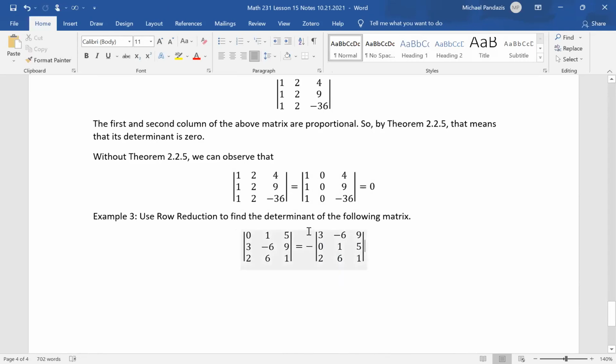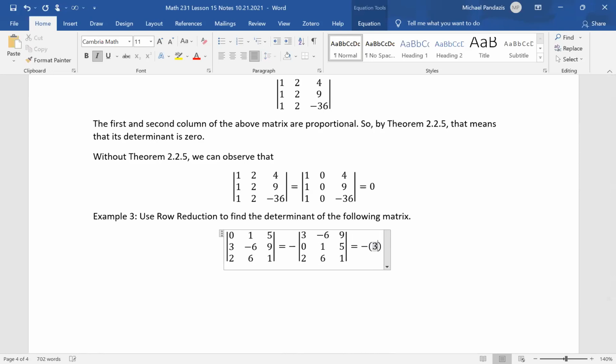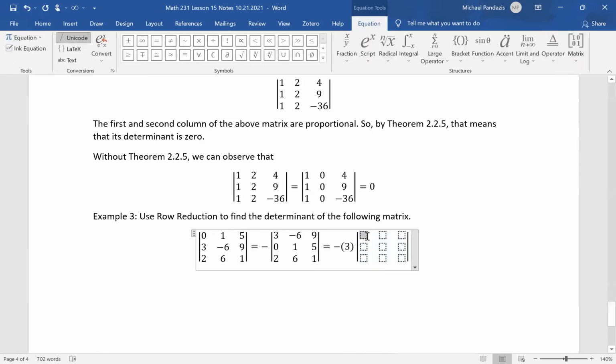Okay, then what I'm going to do is factor out the 3 from the first row. So I already have a negative sign because there was a negative there, but now I can put a 3 here because I'm going to relate that with the determinant of the matrix in which the entries in the first row are 1/3 of the original ones.